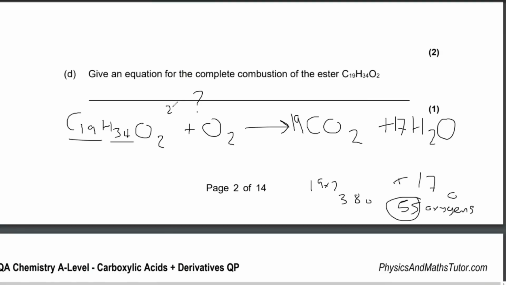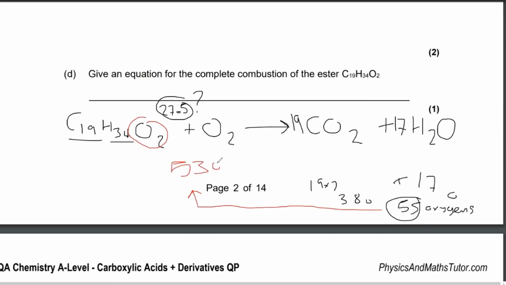So we come back to the left-hand side and we go, ooh, what's 55 divided by 2? Is it 22.5? No, my brain is rubbish. It's 27. Hold on. 27.5 is 55 divided by 2. So we go, oh, 27.5. But then actually that's incorrect as well, because we forgot about these two oxygens that we already have.